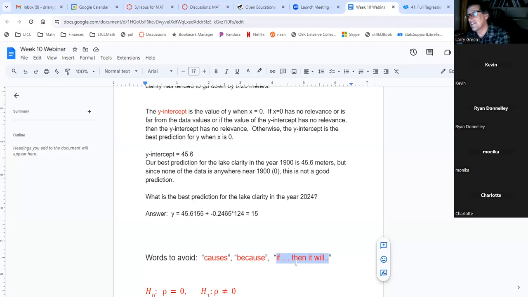And then you go to the scientists and you say, can you see if there's any science, like chemistry, behind carbon dioxide causing climate change? Does that make sense? So it's a two-step process for causation. Without the science, you cannot use the word cause from only having regression analysis. Does that make sense?